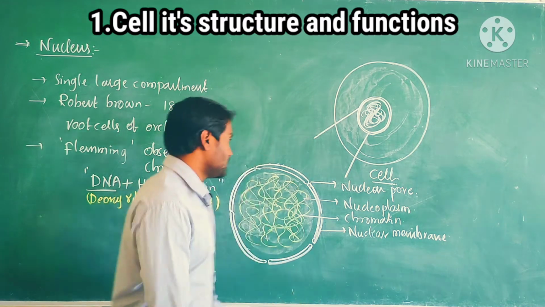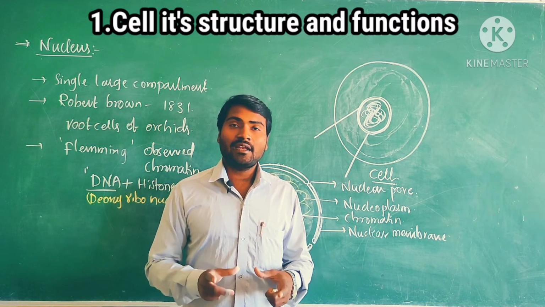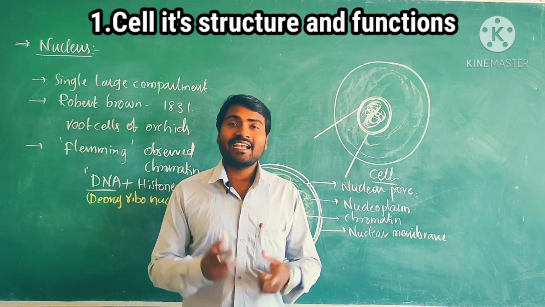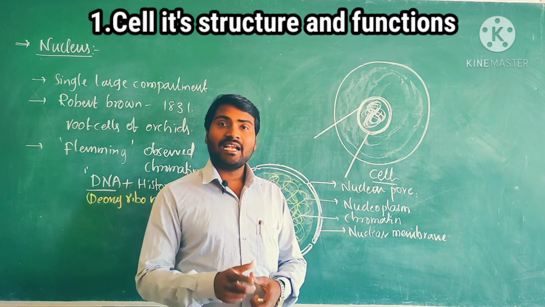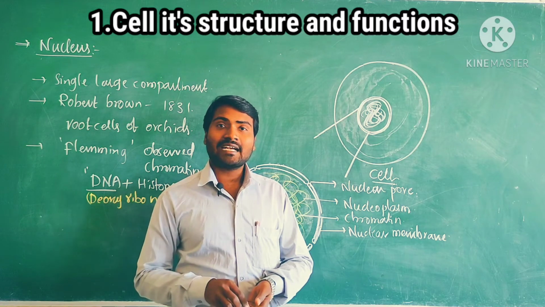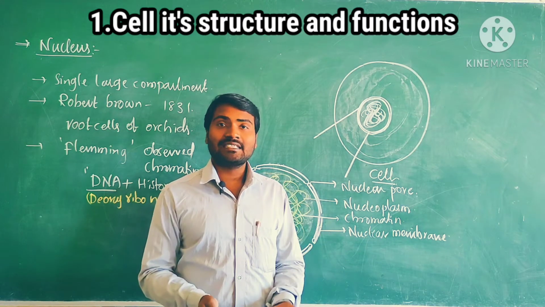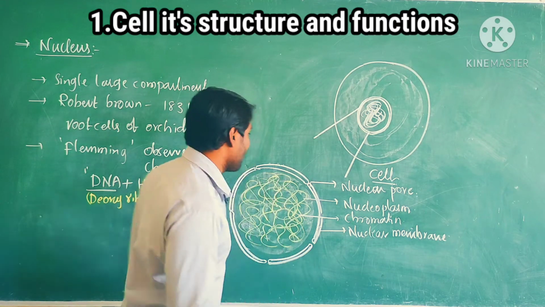Now, during cell division, one cell is going to divide into two cells. At the time of cell division, this chromatin becomes condensed and contracted, and the contracted form of chromatin is called chromosome.